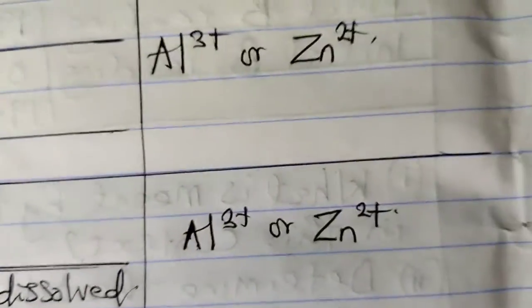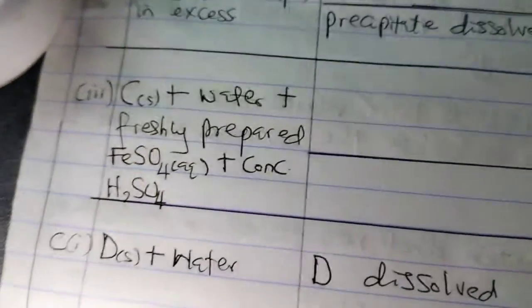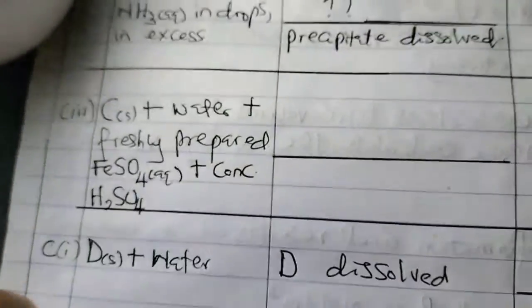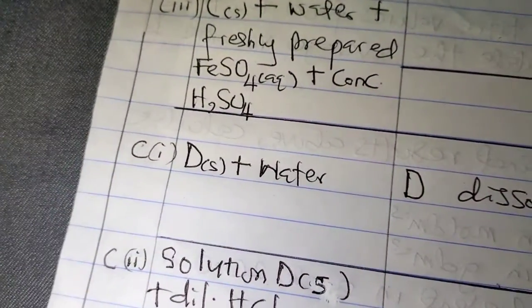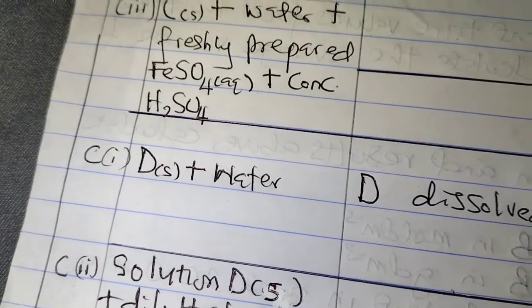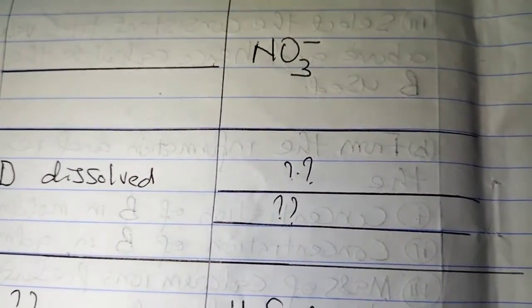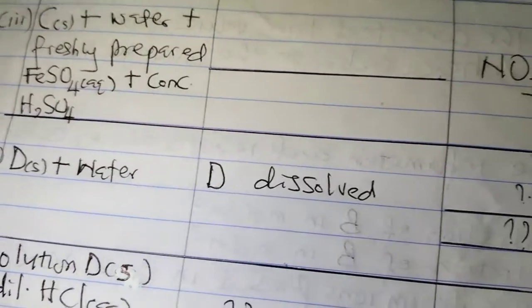Not IV. We'll have question CI. Question CI: D plus water. Observation: D dissolves. We have to write the inference. We have a question mark on the inference. So D plus water, observation D dissolves, the inference question mark is on it.